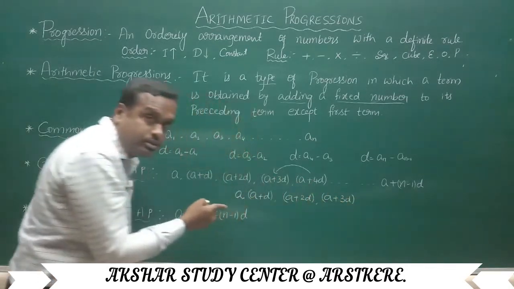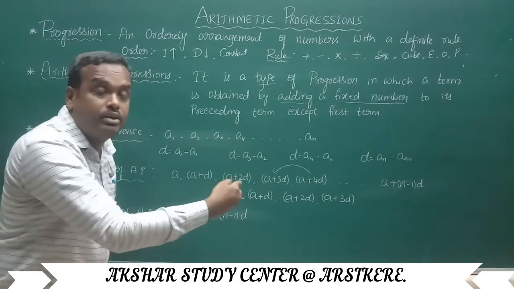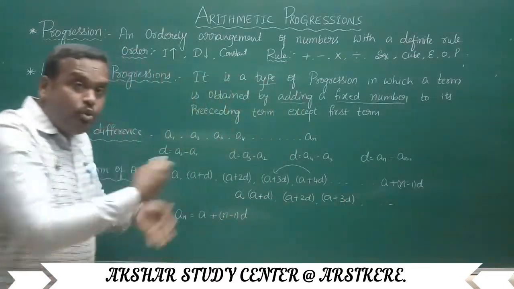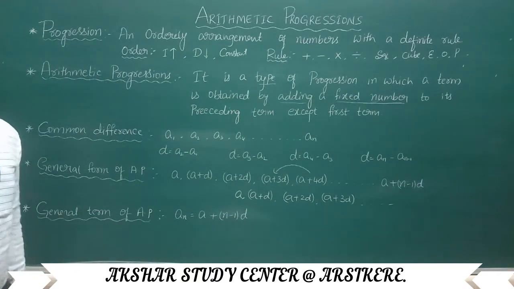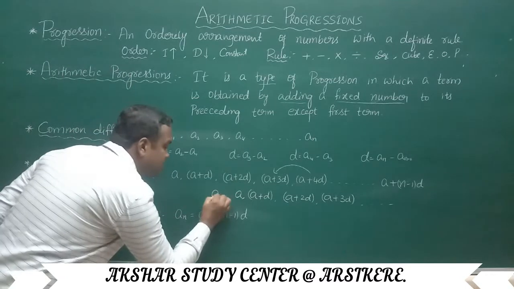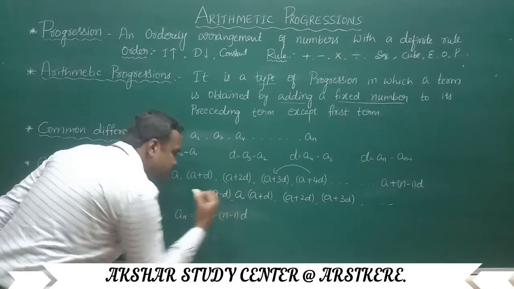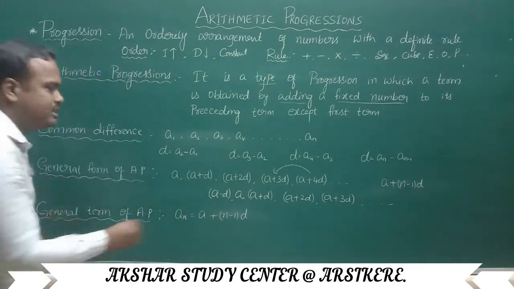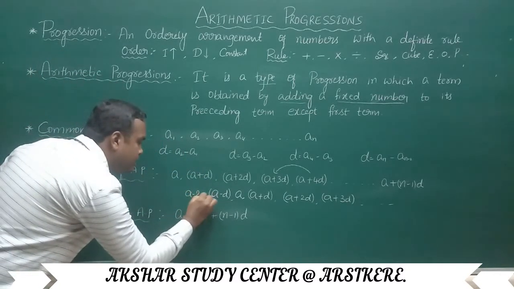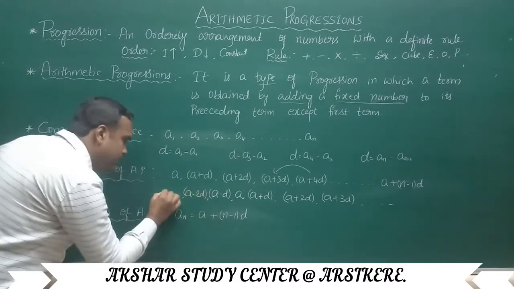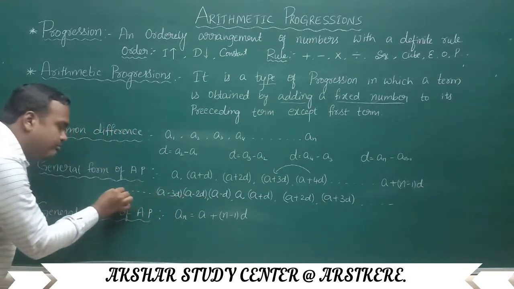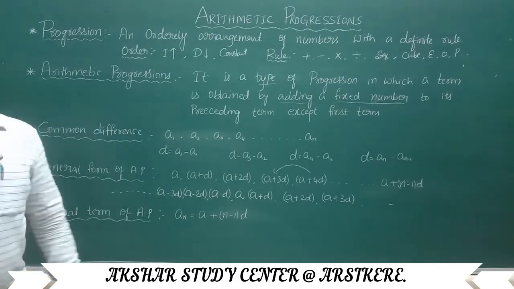D is going to be added moving forward, and so on. At the same time, moving backward, exactly, D is going to be subtracted. Here A subtract D, that is A minus D. That's it. Again move back, again one time you have to subtract, that is A minus 2D. Again A minus 3D. In this way it follows in the reverse order also.